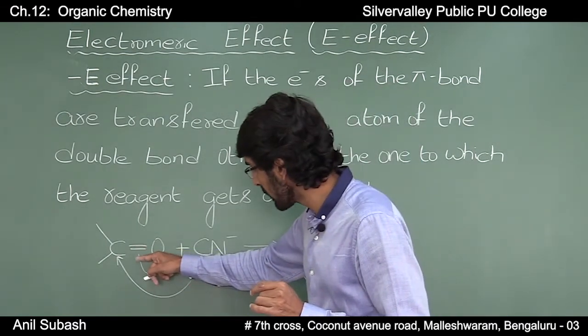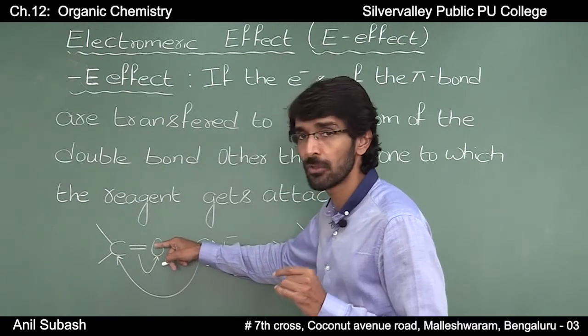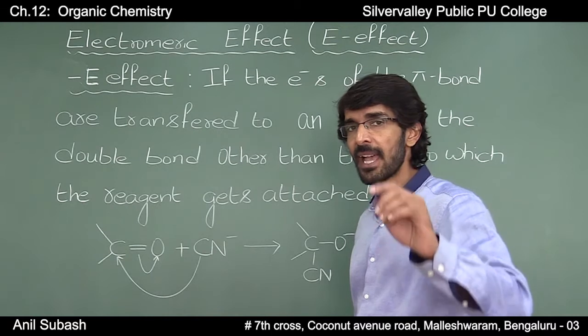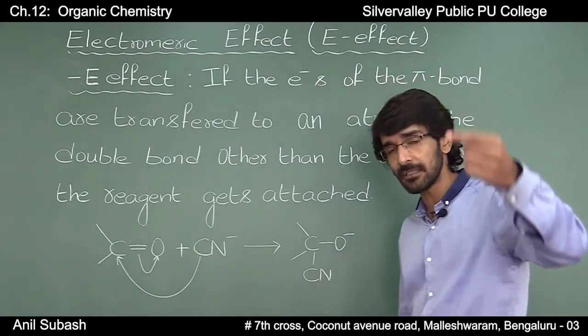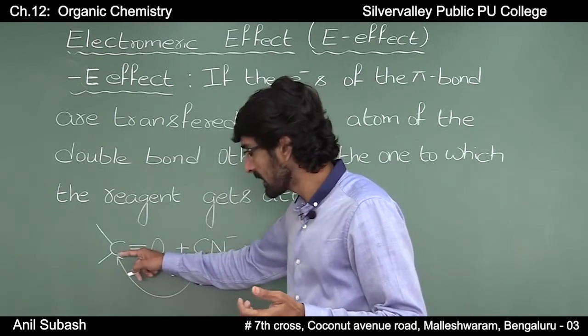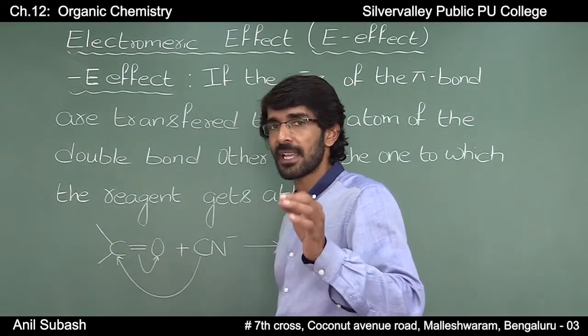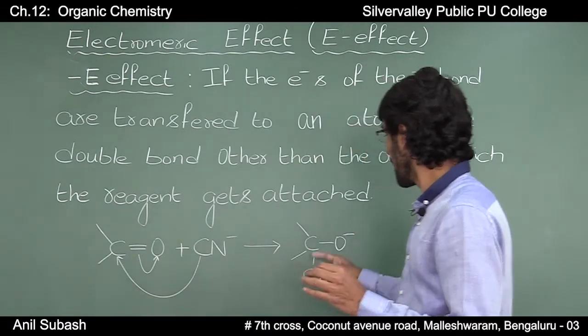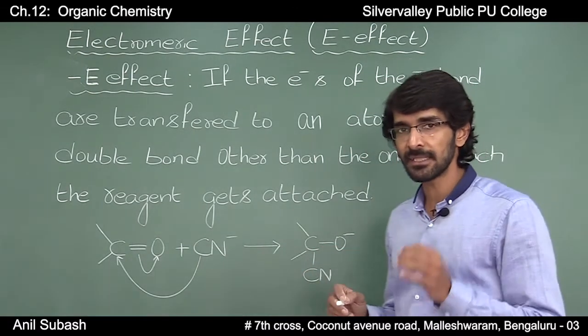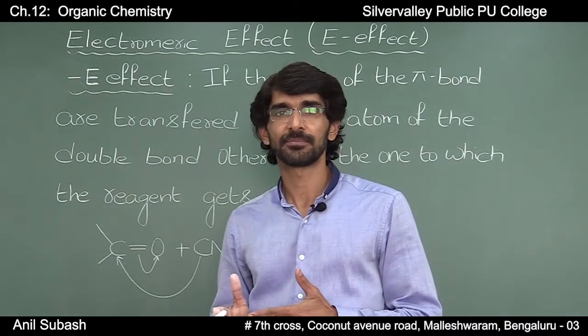The pi electron is getting transferred to oxygen, but the attacking reagent is attacking the other atom rather than the atom to which the pi electron transfer takes place, and this type of effect is known as minus E effect.